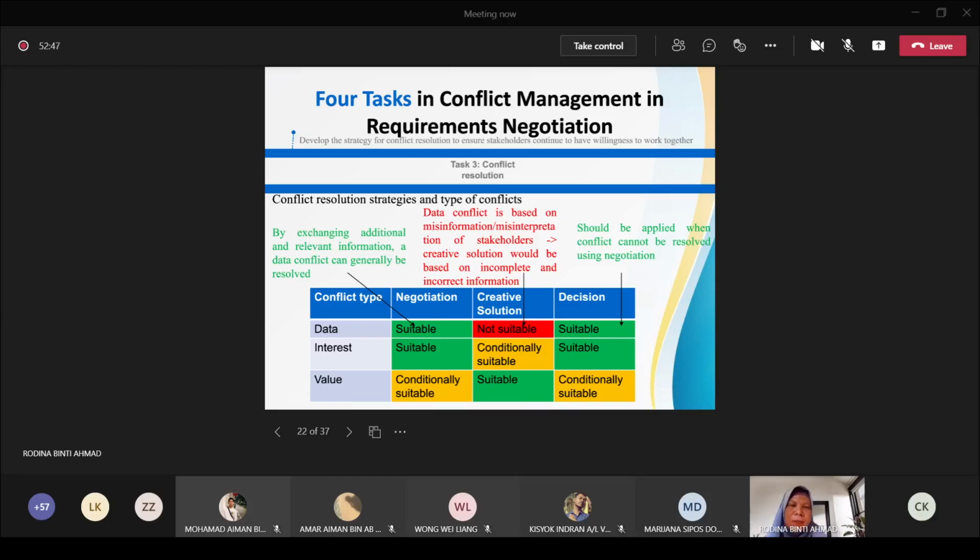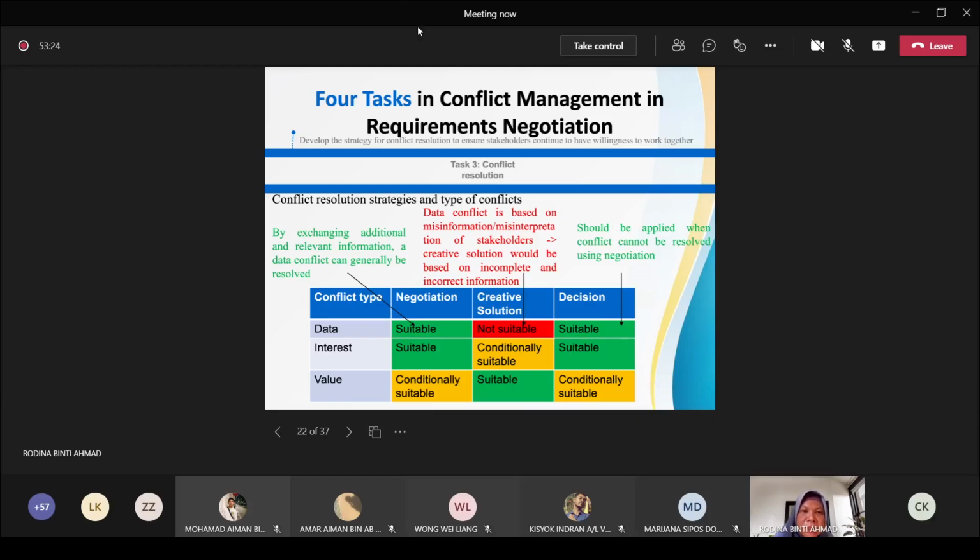Okay, so having said that, we said data conflict just now is based on misinformation, misinterpretation by stakeholders, while creative solution is usually based on incomplete and incorrect information as well. So for data conflicts, it's recommended to use negotiation. It's more suitable to use negotiation. Sorry, the notes are not clear.